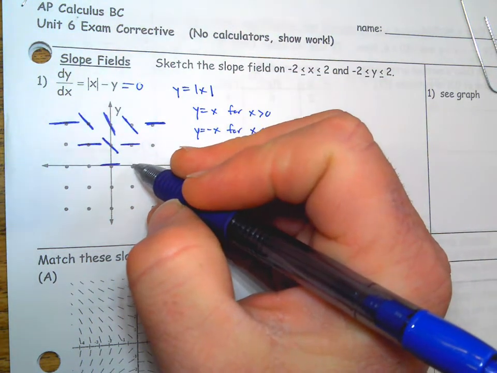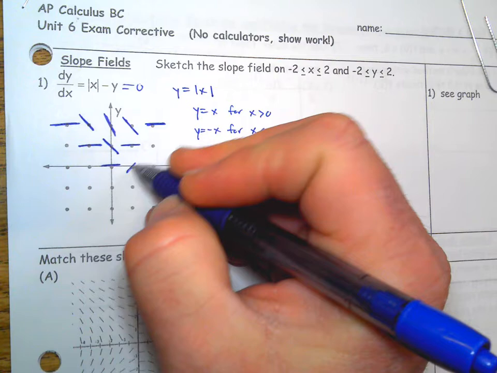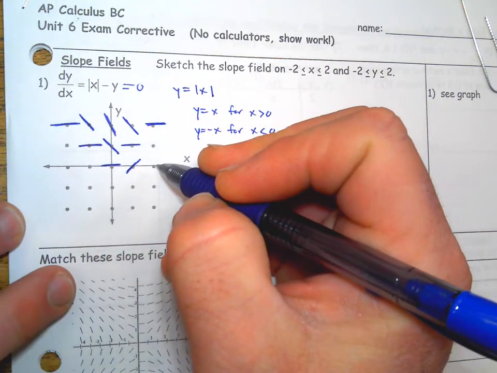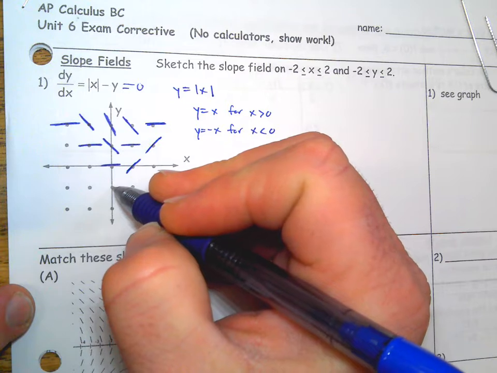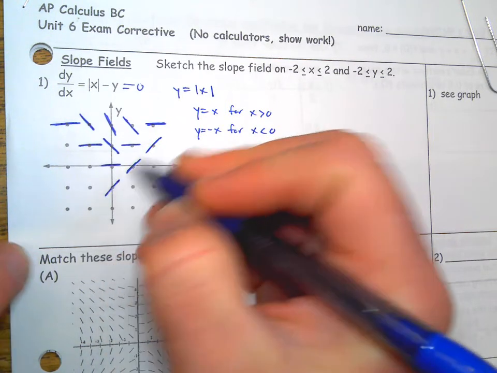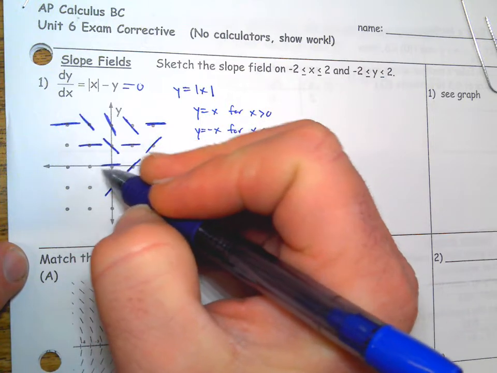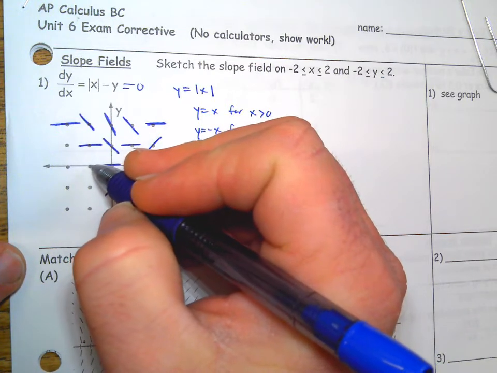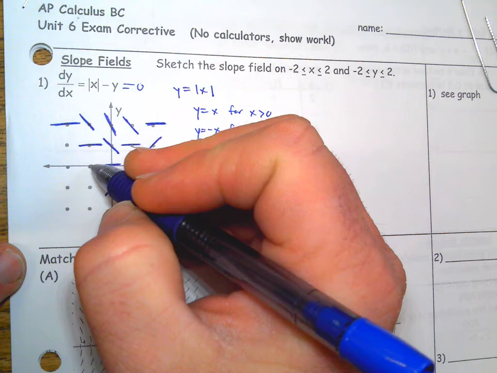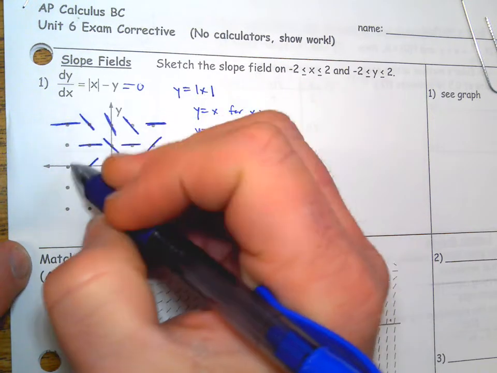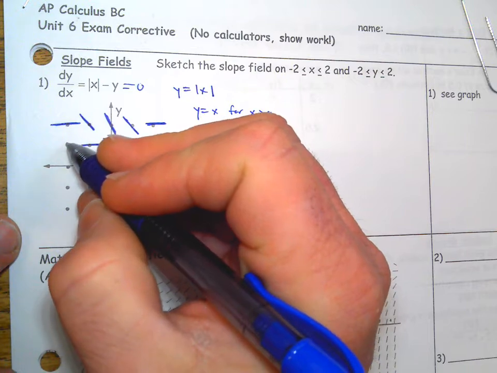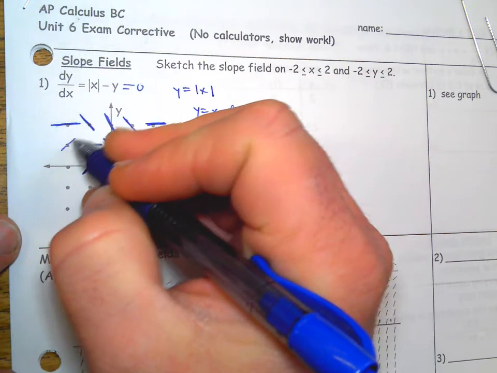If you plug in 1 for x, you get a slope of 1. If you do 2 for x and 1 for y, you get a slope of 1. If you do 0 for x and negative 1 for y, you get positive 1. So I wonder if this one will be positive 1. Negative 1 for x would be positive 1, and negative 2 for x and positive 1 for y would be positive 1.